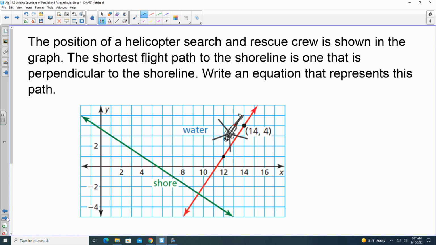If you notice here, this one goes through, it looks like (12, 1). That goes through the red line that's supposedly going to be perpendicular to the shoreline. And looking at the green one, it looks like that is at (10, -3), and this one is as well, and looks like (4, 1).